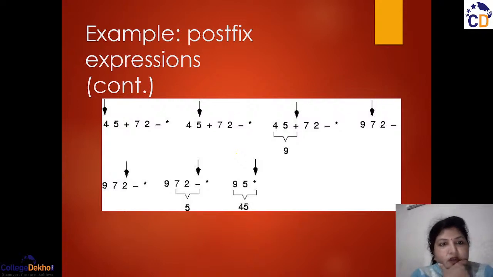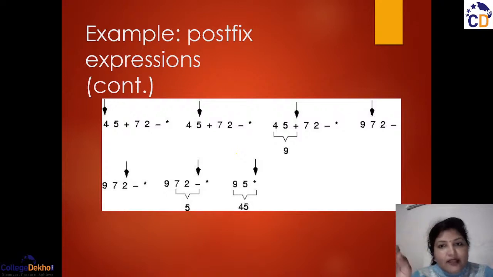You have this: 4 5 plus 7 2 minus multiply. Now how does it work? In this particular statement, we have a number of operators and four operands. How are we going to evaluate it? First of all, we take the sum of 4 and 5, because it goes from left to right. Now 4 plus 5, done.